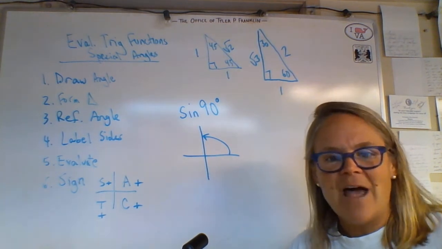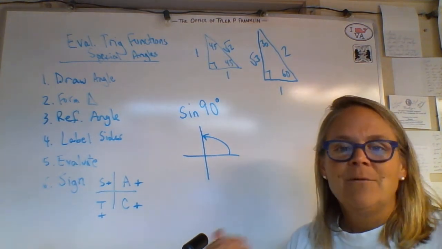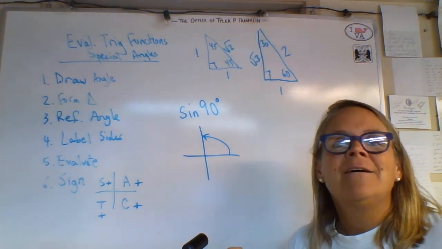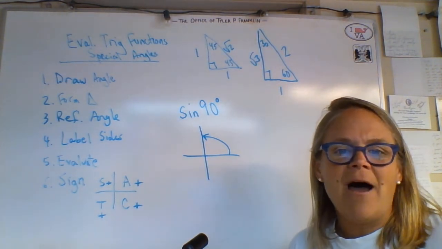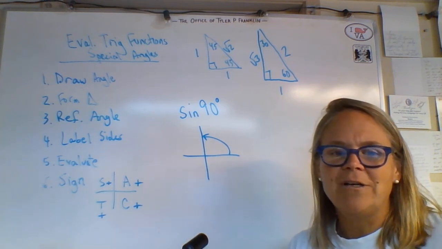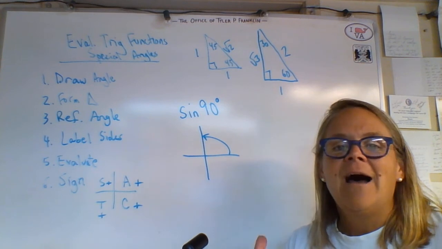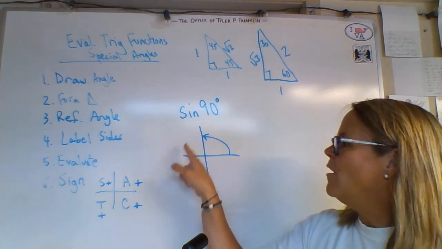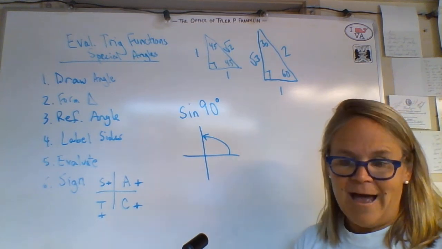You can't do that for something like sine of 225, it's 1 over radical 2. Your calculator would give you a decimal. I want no calculator unless it's one that's on the axis.